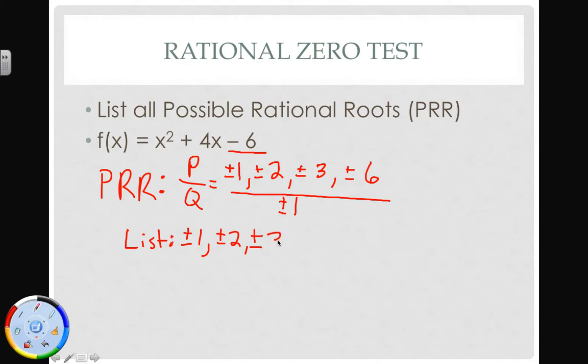Plus or minus 3. And then I do the same thing with 6. So you'll notice there are 8 possible rational roots for this particular quadratic. And you might look at this problem and go, well, this isn't factorable, which means it's probably no rational roots, which is right. But the idea is just to list all possibilities.